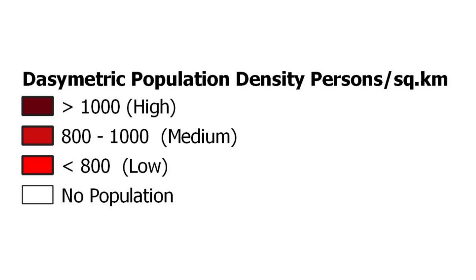All 4 villages are categorized into 3 density categories: less than 800, from 800 to 1000, and more than 1000.